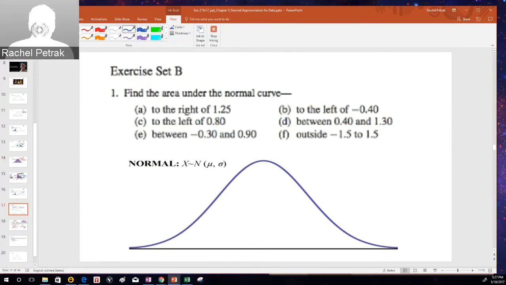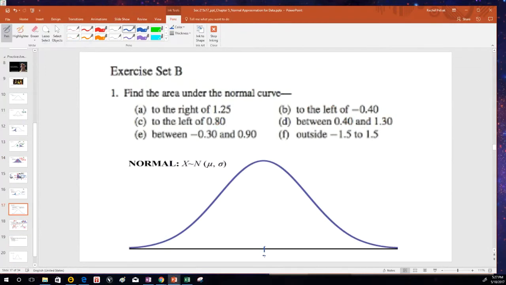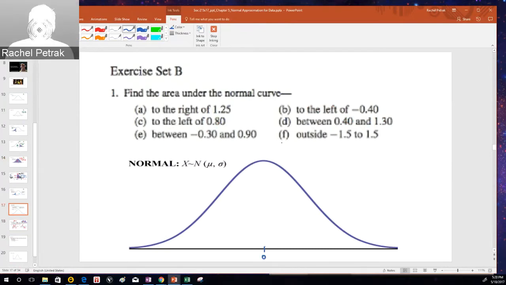So let's find the area to the right of 1.25. Well, first let's get ourselves centered around this distribution. So I know that here's my mean. This is just to help us navigate a little bit. And the mean is 0.